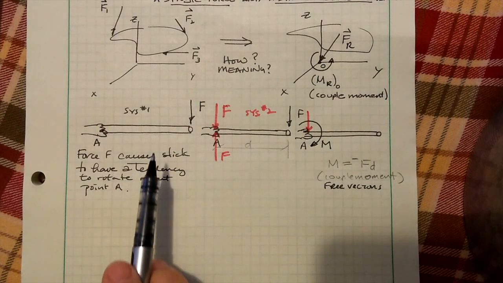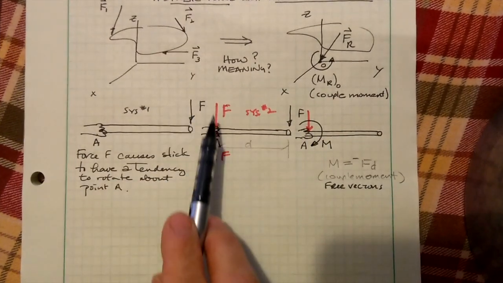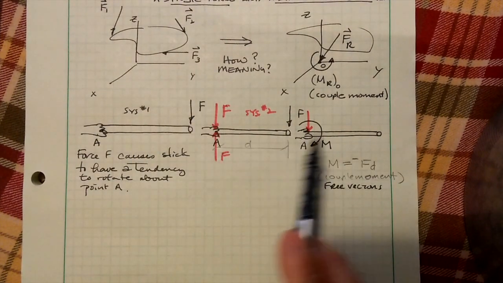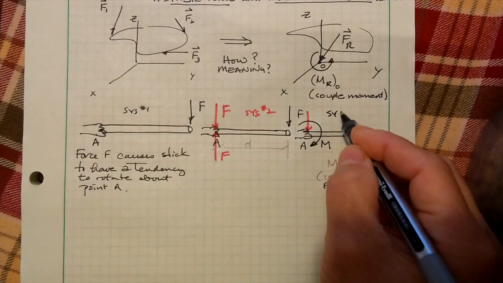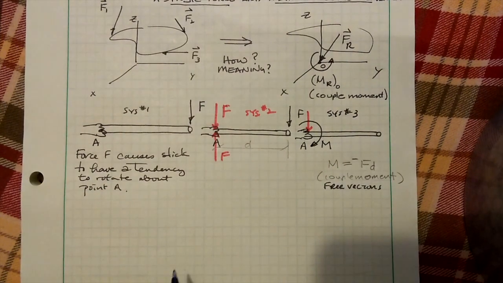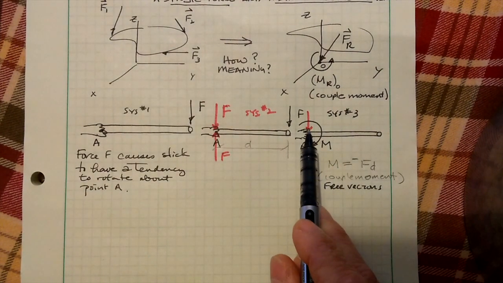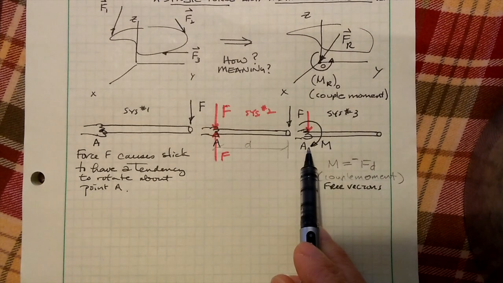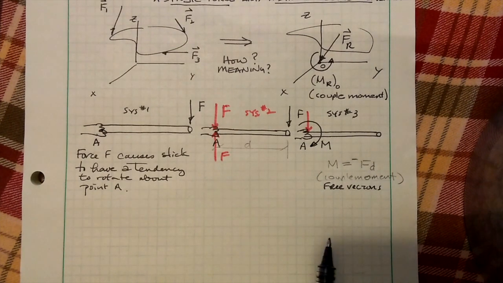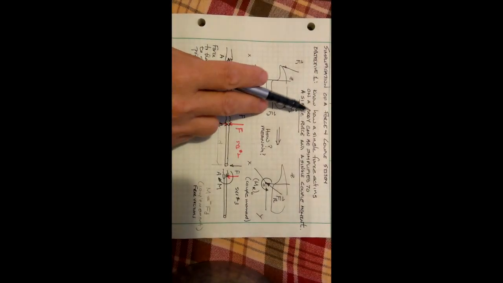So what we've done is now reduce this single force system into an equivalent system shown in number 3 here, consisting of a single force and a single couple moment. And that meets our objective right here. We now know how a single force acting on a body can be simplified to a single force and a single couple moment shown in system number 3.